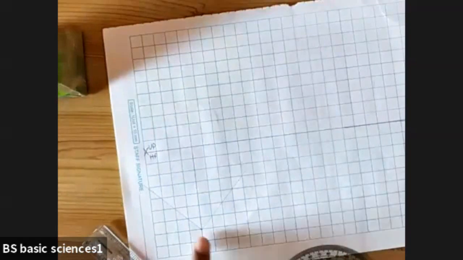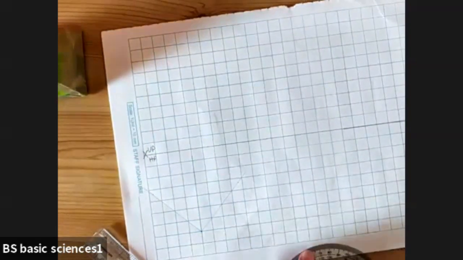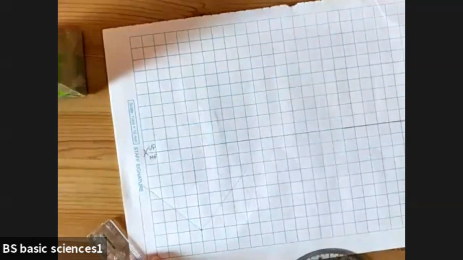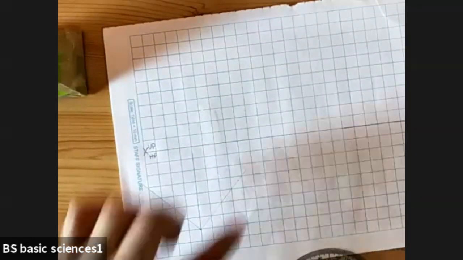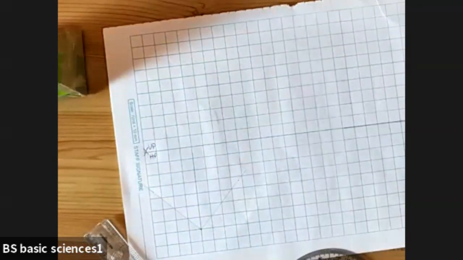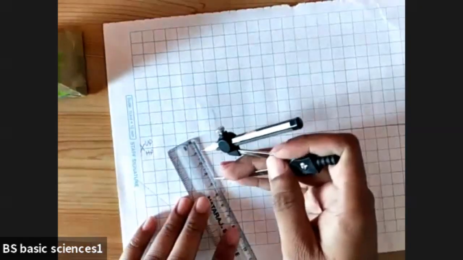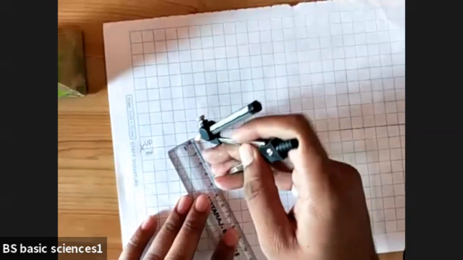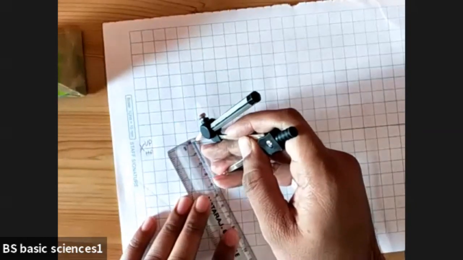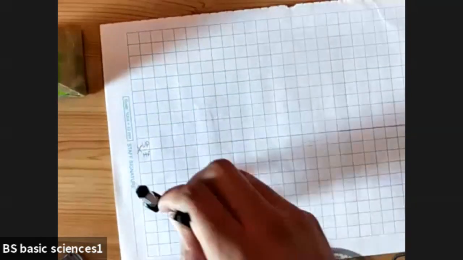At any one particular point, with your protractor, measure 45 degrees on either side. Then draw that line and construct the square pyramid which is resting on the corner. What is the side? He has given you 35. Take 35 in your compass and cut an arc on both the sides.